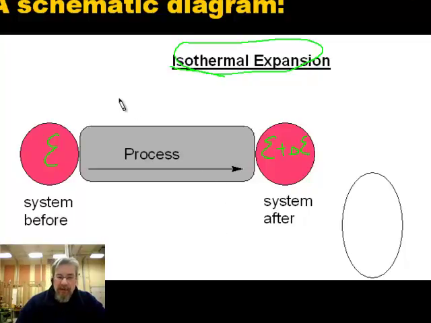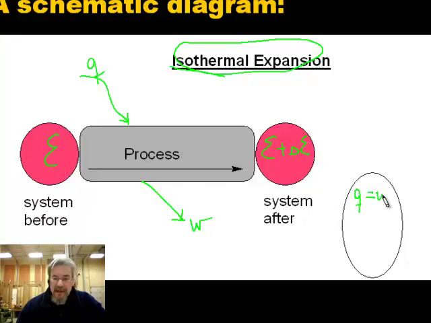Now, here's what happened. We saw that there was a loss in energy from the system during this process through work. But we also saw that there was an input in energy from the surroundings by heat. And we also saw that Q was equal to W in order for this to be an isotherm.